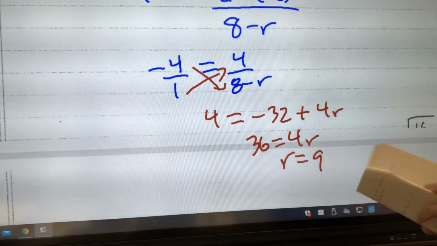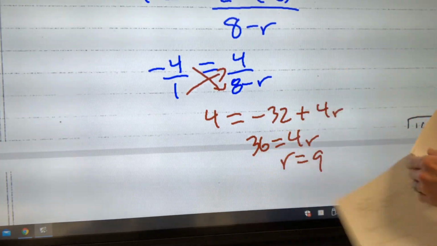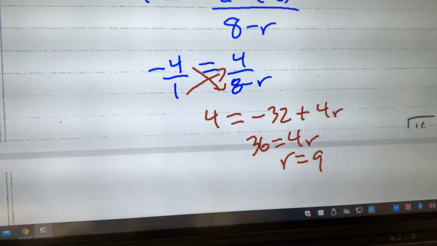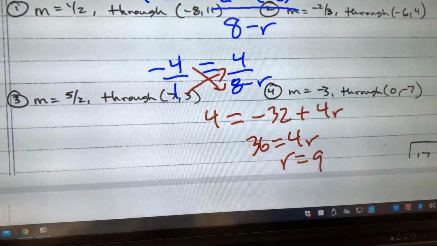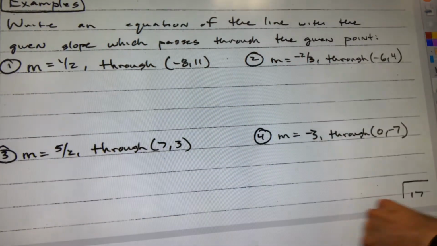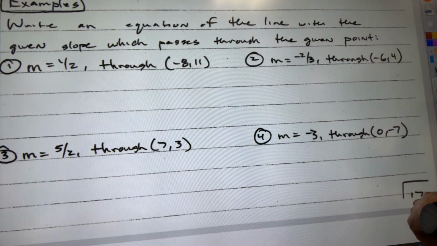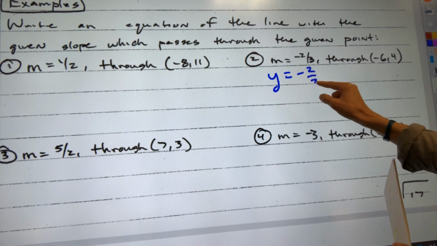All right, so then at the bottom of page 17, let's do 2 and 4. Y is equal to a negative 2/3 x plus b.